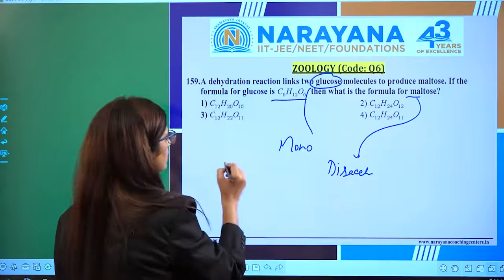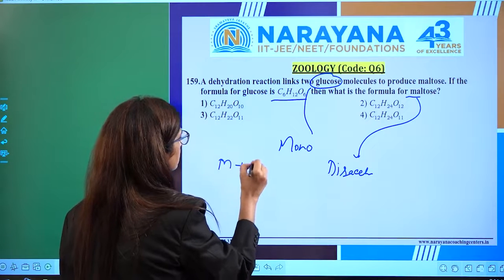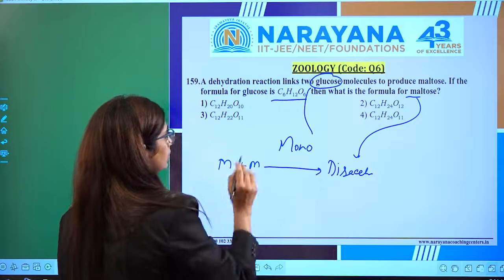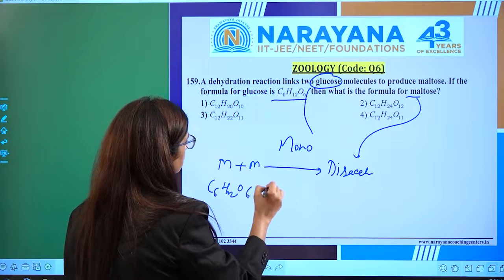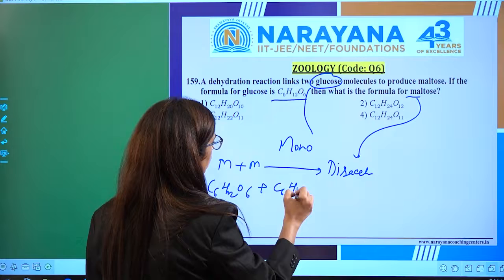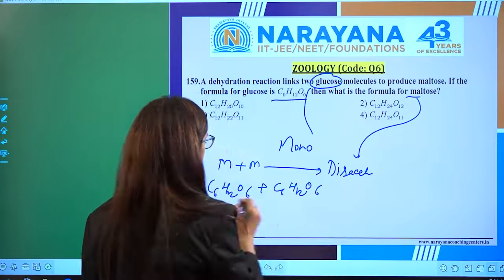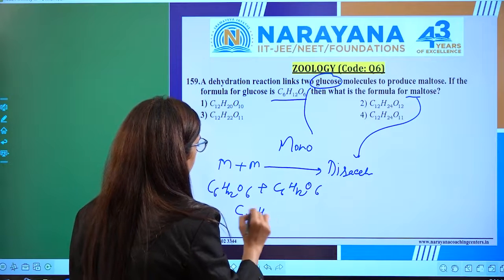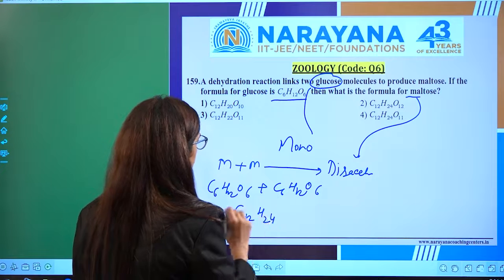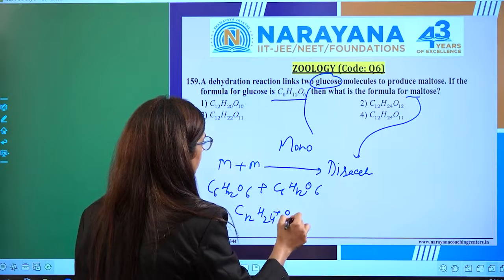We know 2 monosaccharides, when they meet, form a disaccharide. So here we have to combine C6H12O6 plus C6H12O6. In that case, C can be 12, H can be 24, whereas O can be 12.